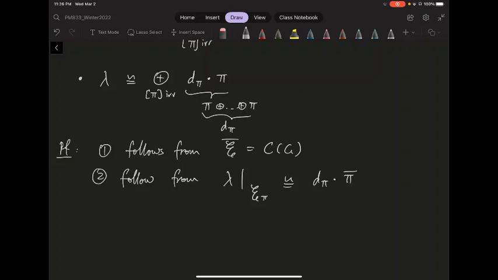Of course, if you restrict it to the E of pi bar, you get d pi copies of pi, okay? So you do that. And it's also quite clear that if you do the right regular representation on the L2, it's also equivalent to basically the same thing. So that's also another proof that the left and right regular representations are unitarily equivalent.